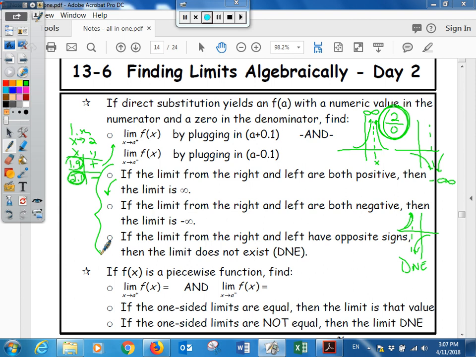In other words, when you sketch your piecewise function, if 2 is where the function splits, and one piece comes up here and then jumps down and goes the other direction, so you've got a big gap in your graph, then the limit would not exist. But if your two functions meet at the same point, then that's going to be your limit. So you're looking at coming from the left and from the right with a piecewise function as well.